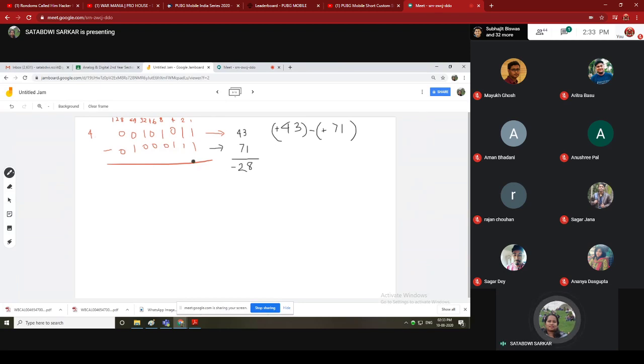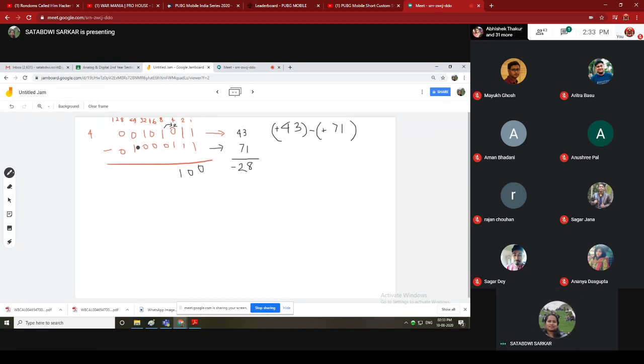So how could it be possible? Let us see. So we have to subtract this. So 1 minus 1 is 0. 1 minus 1, again it is 0. 0 minus 1, we have to borrow 1. So here it becomes 2. So 2 minus 1 becomes 1.